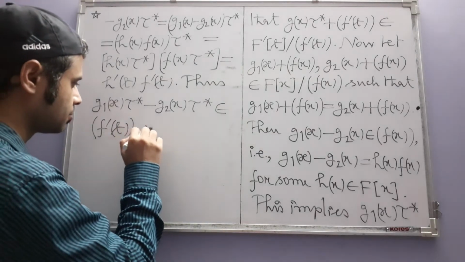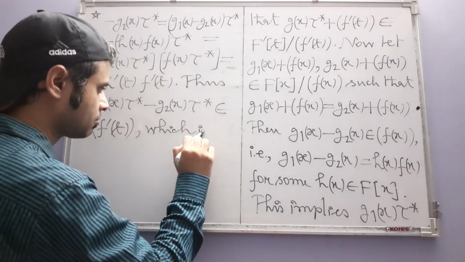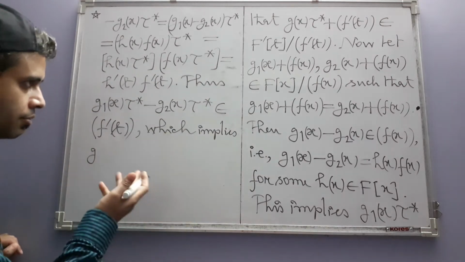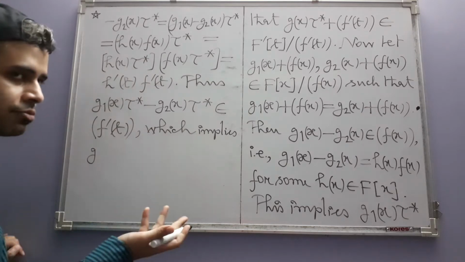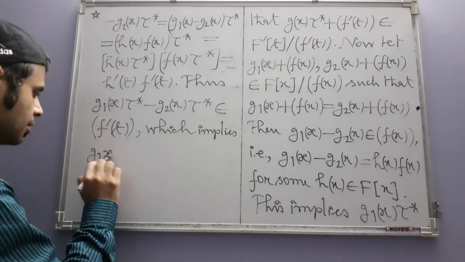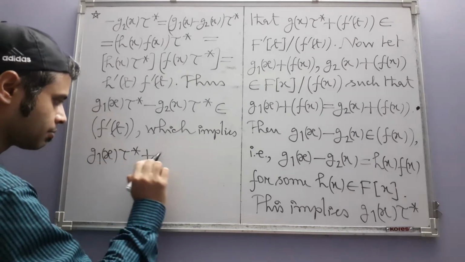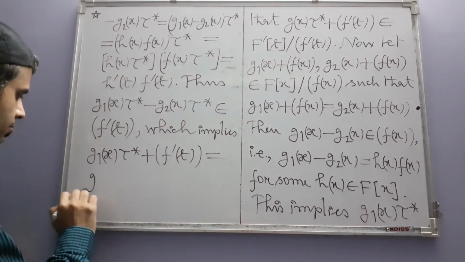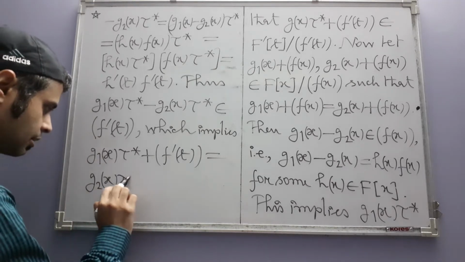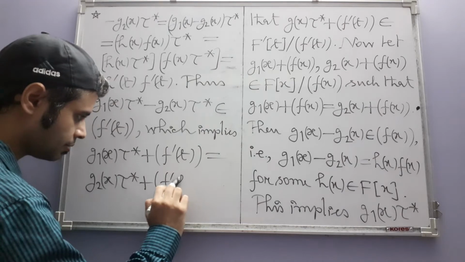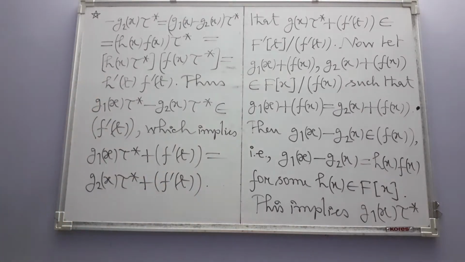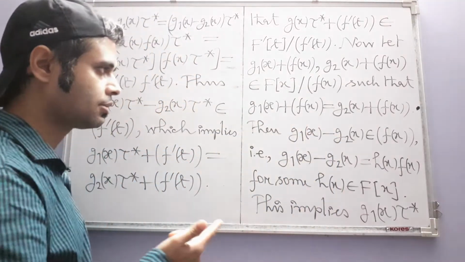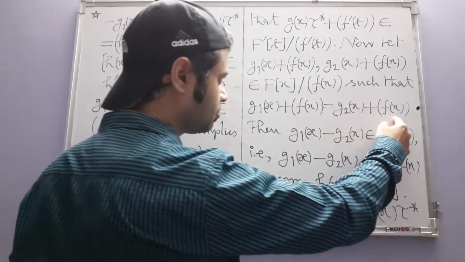Which implies, again by applying the definition of equality of two cosets, g1(x) tau star plus the ideal generated by f prime(t) is equal to g2(x) tau star plus the ideal generated by f prime(t). So this is the output of this input under the function tau star star, and this is the output of this input under the function tau star star.